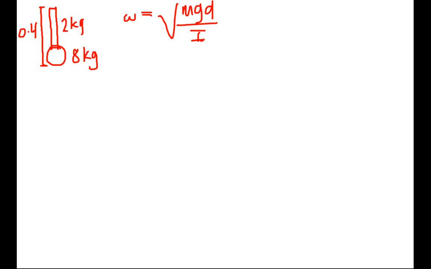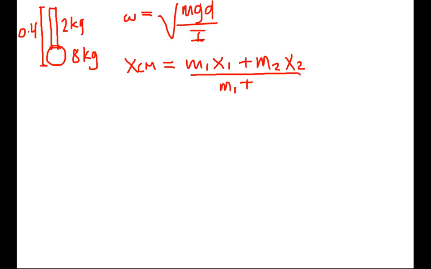Our center of mass equation is that the position of the center of mass is equal to mass 1 times position 1 plus mass 2 times position 2, over the sum of the masses. What are these positions? Because the rod is pretty long, it doesn't really have one x position.